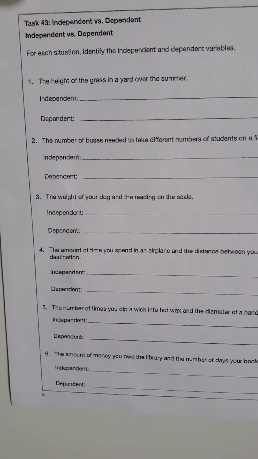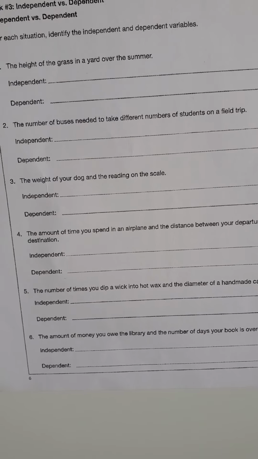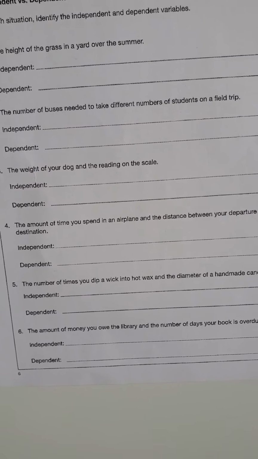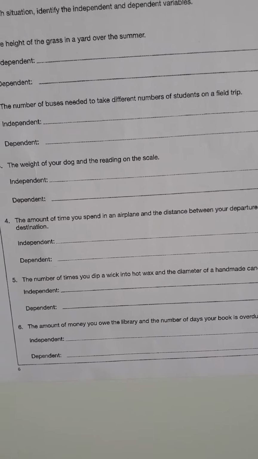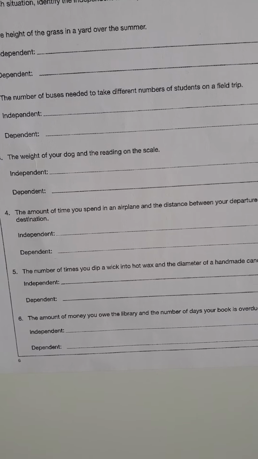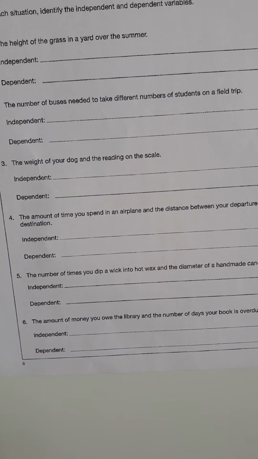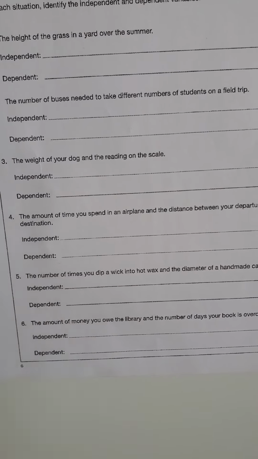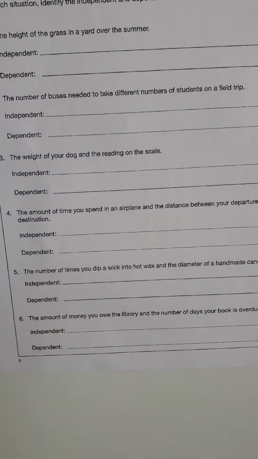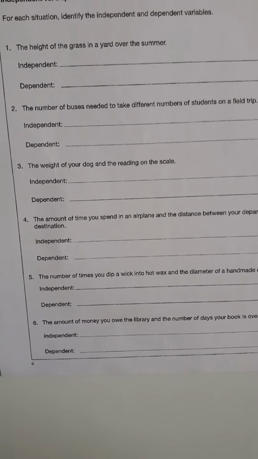Okay, number 2. The number of buses needed to take different numbers of students on a field trip. Okay, so when I think about this, I'm not going to get a bunch of buses out front of the school and then say, okay, I need X amount of kids to come fill these buses up. No, when we're doing a request for a field trip, we always let them know, hey, we're going to have X amount of students, and then they provide us with the buses.